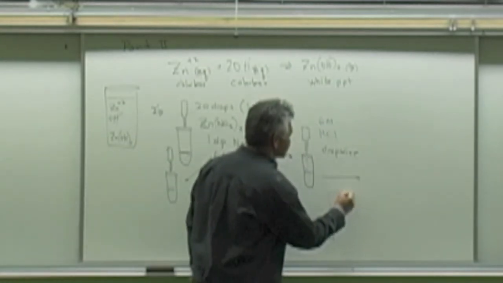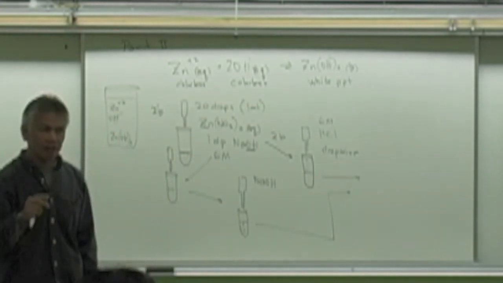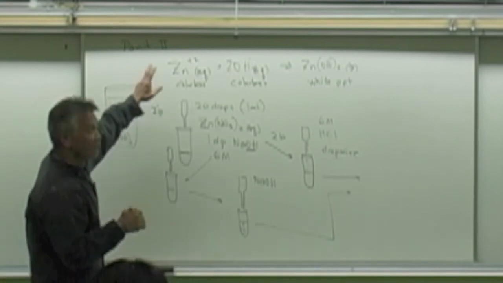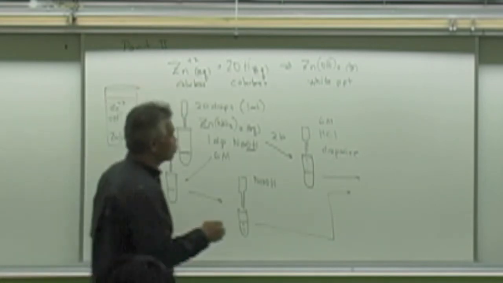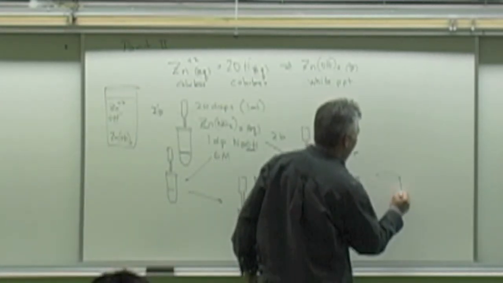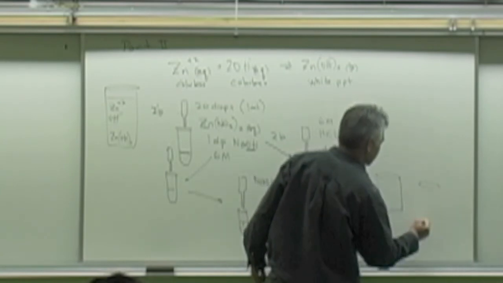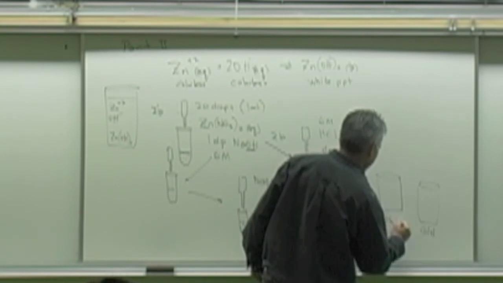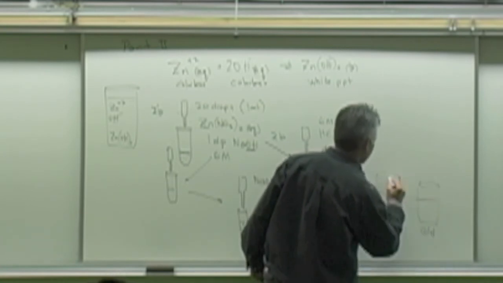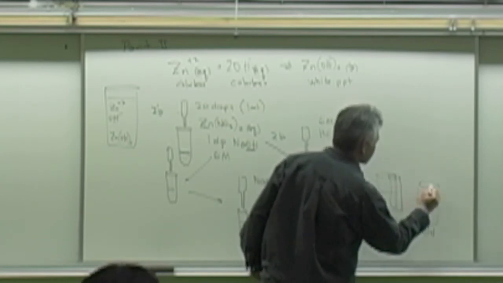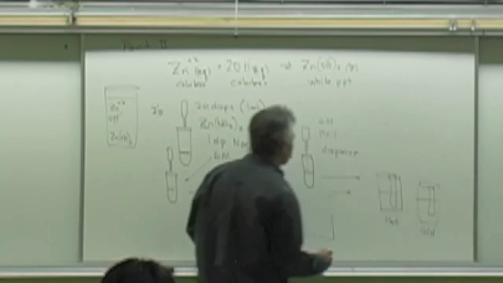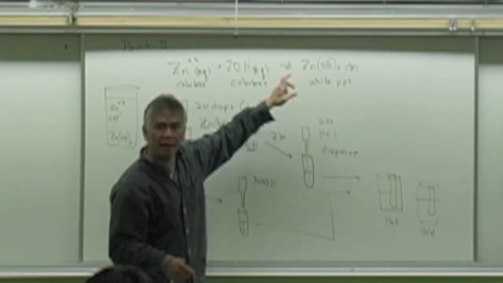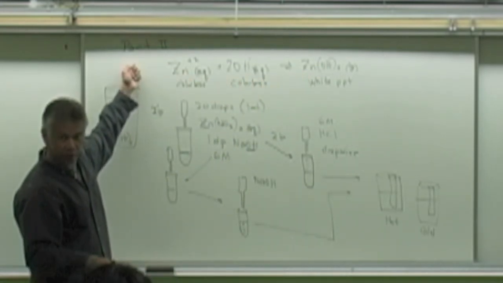What you can do now is, in each of these experiments, I've sort of modified it. So you have to determine the thermicity. Is this endothermic or exothermic? What you want to do is, of course, put this in hot and cold water, and see what happens to those solutions in hot and cold water. If in hot water you get more white precipitate, that means that the reaction is endothermic.